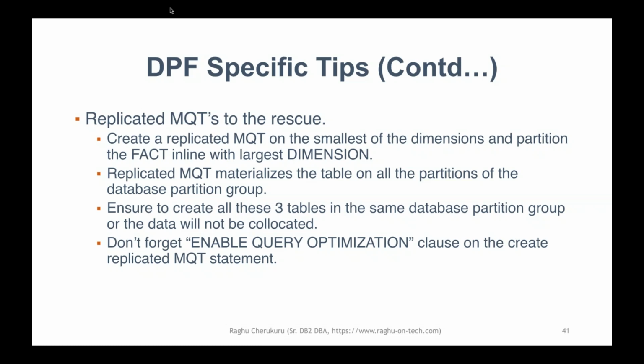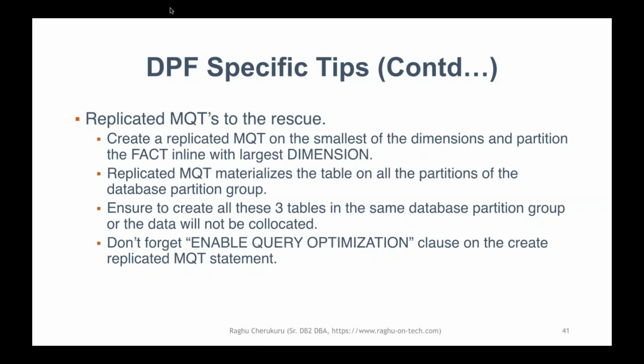So, replicated MQTs. Create a replicated MQT on the smallest of the dimensions, because when you create a replicated MQT there, you are basically materializing that table across all these partitions. That's why it makes sense to create the replicated MQT on the smallest table or the smallest dimension.